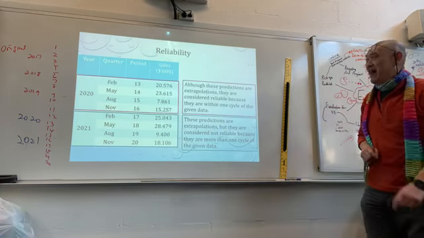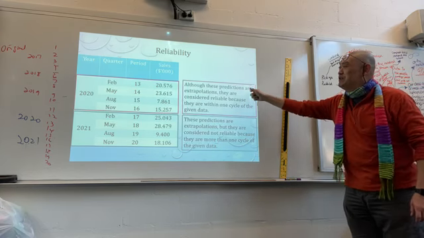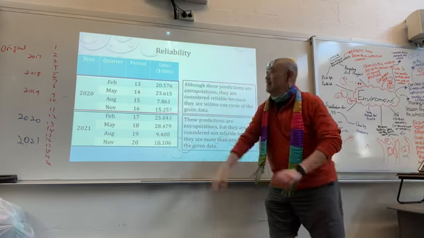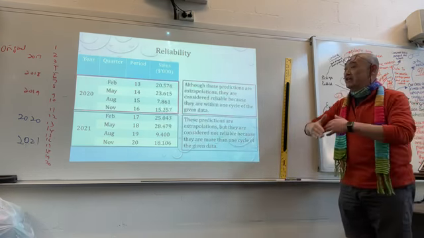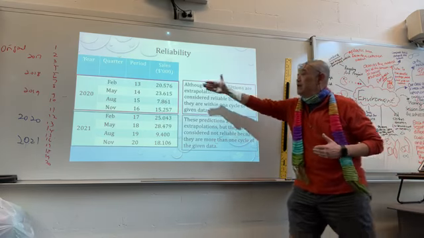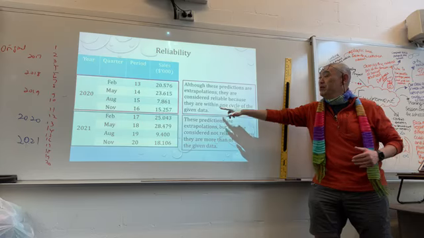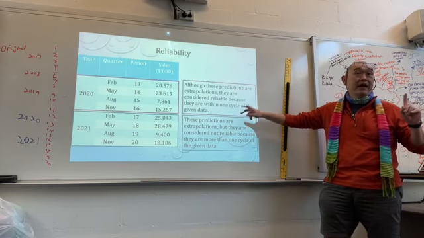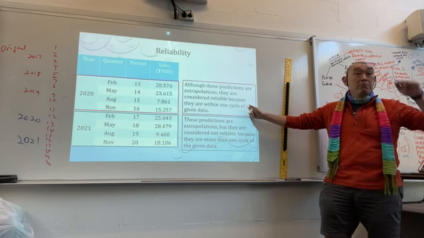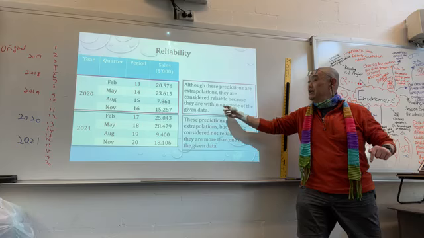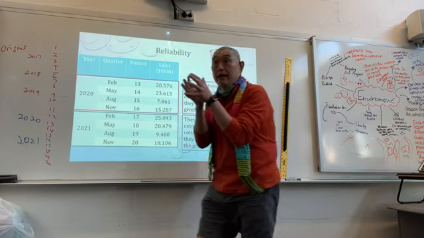Although this prediction for 2020 is extrapolation, these 4 periods are considered reliable because they are within one cycle of the given data. That is so important. You must explain it's within one cycle of the given data.